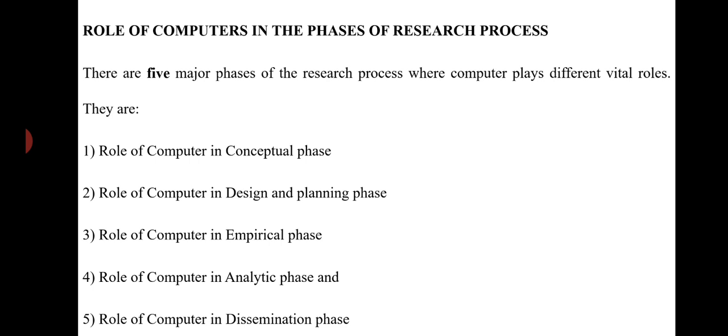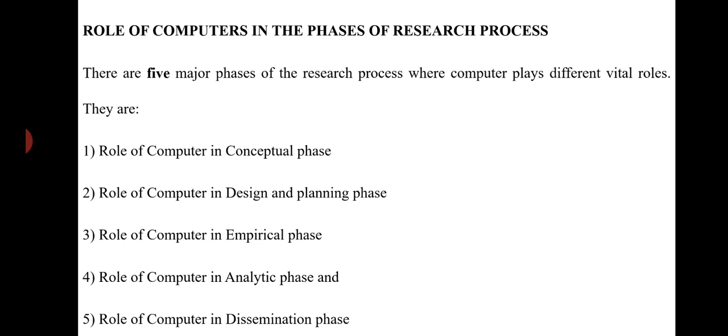Data can be stored on these devices and retrieved later on. There are various steps necessary to effectively carry out research. This data can be used for different phases or different parts of the research process. That is the computer and the phases of research.